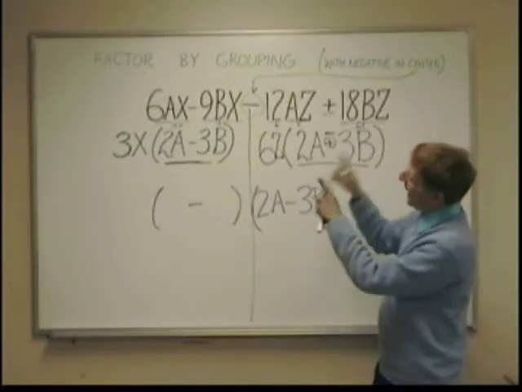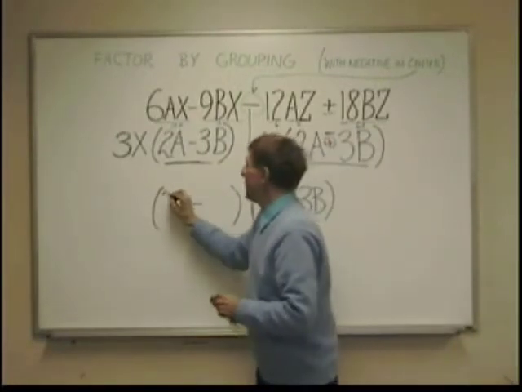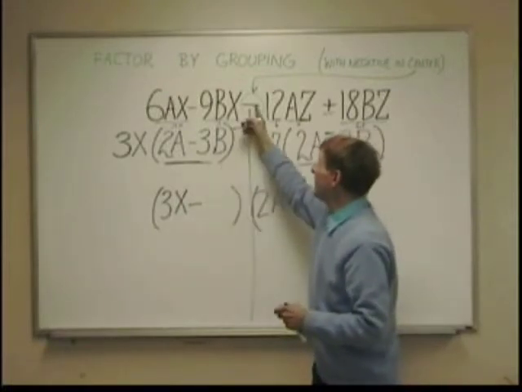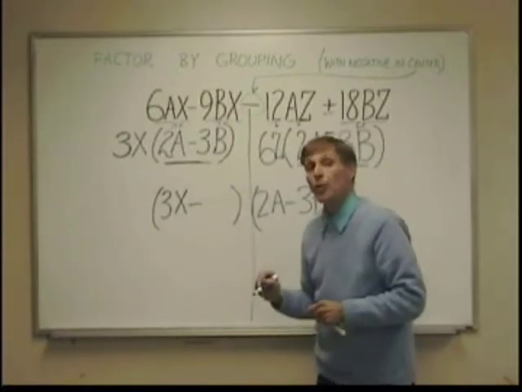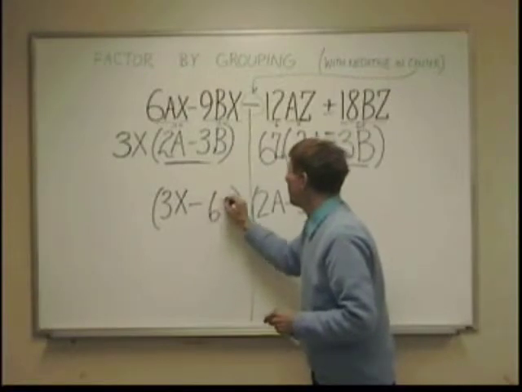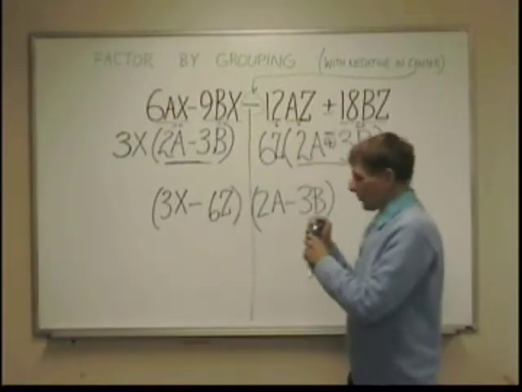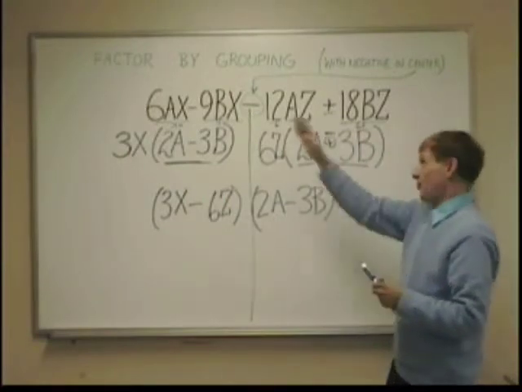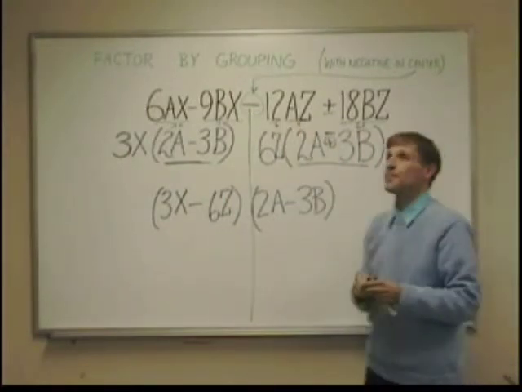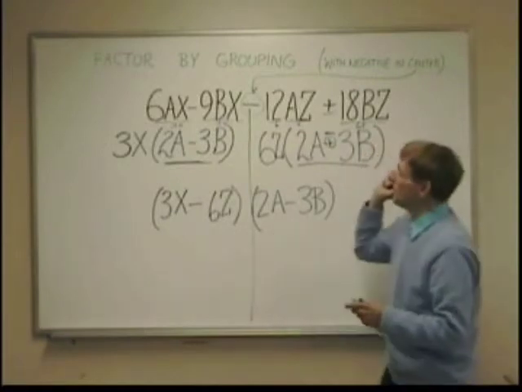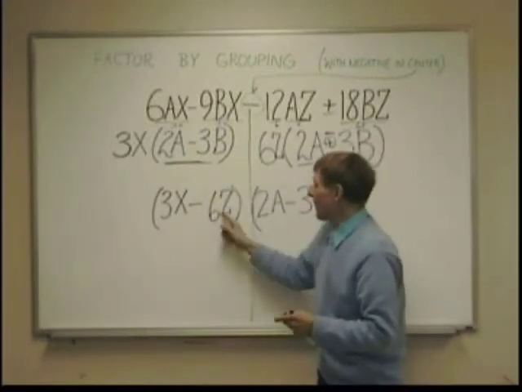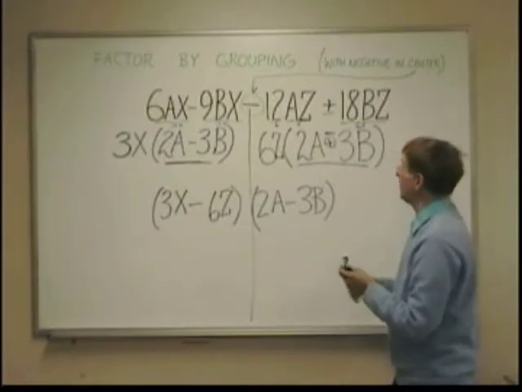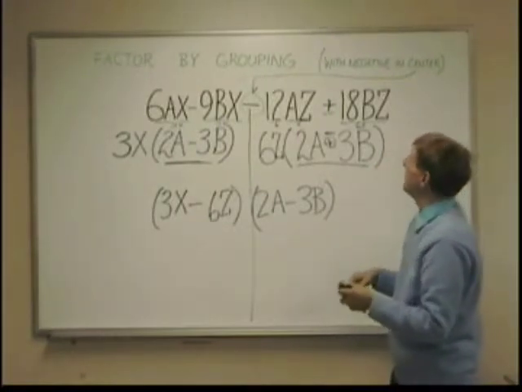Or it could be the outer numbers, which are 3x in this case, and 6z, and the center sign comes between those outer numbers. So my two factors for this four-piece polynomial, a quad, would be 3x minus 6z and 2a minus 3b.